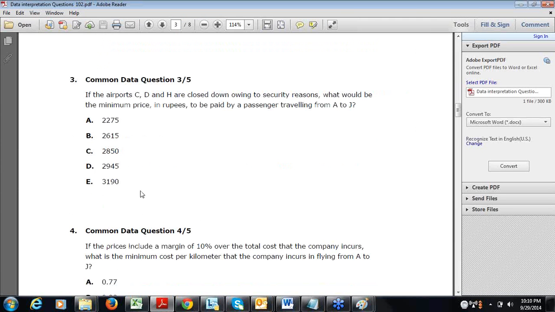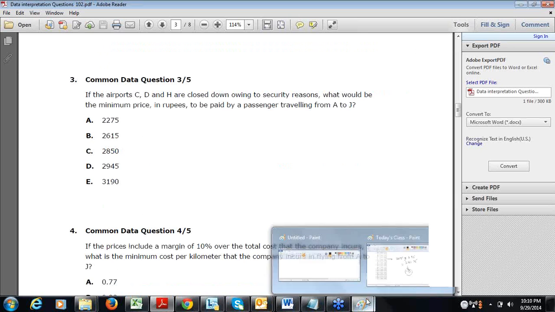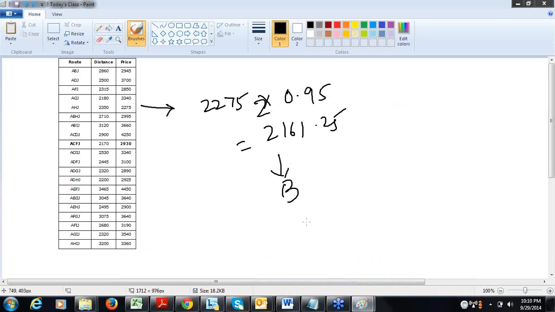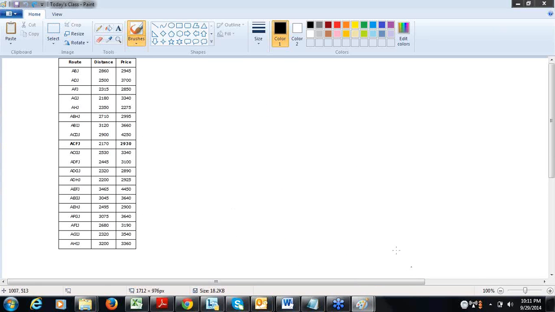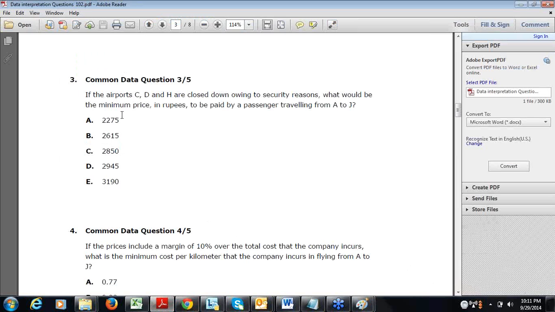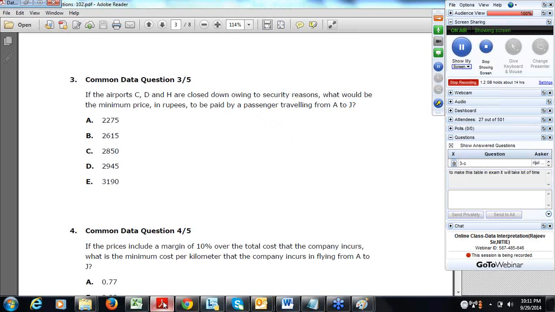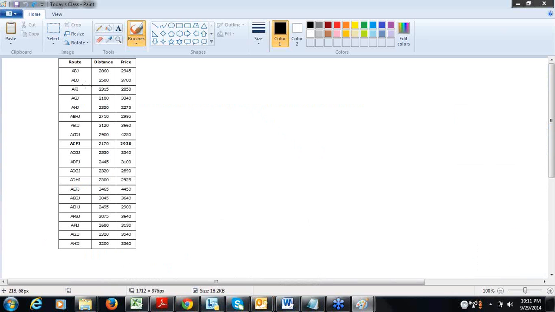Okay. Now question number 3. Question number 3, it is saying airports CDH are closed down due to security reason. What would be the minimum price in rupees to be paid by the passenger from A to J? Okay, so CDH are closed. So just remove where you have CDH.